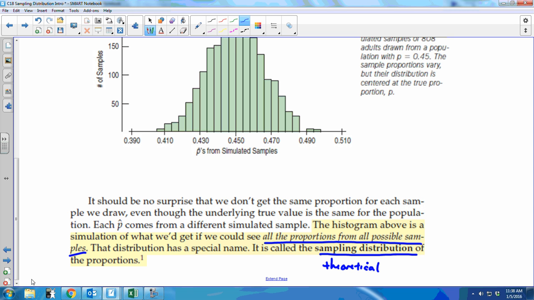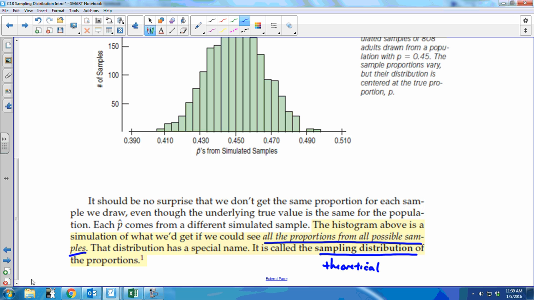You are not feasibly going to go sit in a room with 10,000 M&Ms and take 100 M&Ms and sample them, and another 100 M&Ms and sample them, and keep sampling all of the possible samples of 100 M&Ms. It's just not going to happen. So it's not really feasible, but we use this theoretical idea, that's why I call it a model, so that we have something to base conclusions on in chapter 19 and 20. Something to use. Okay?